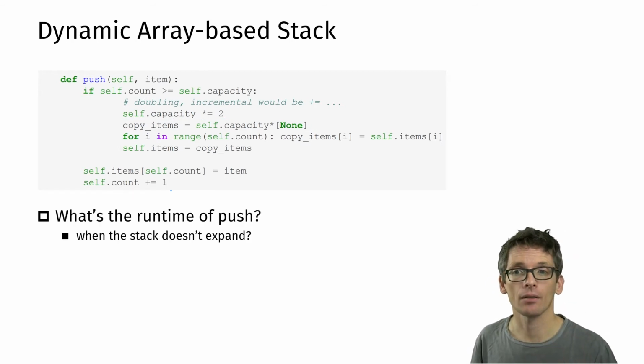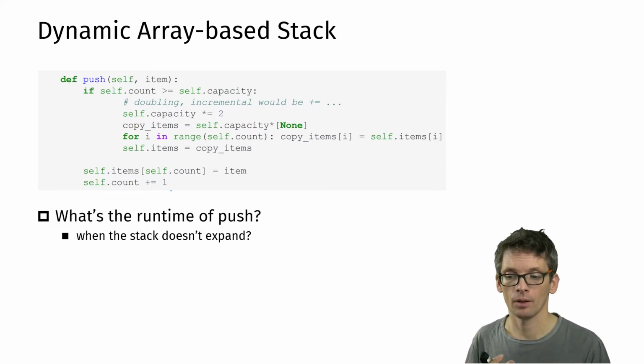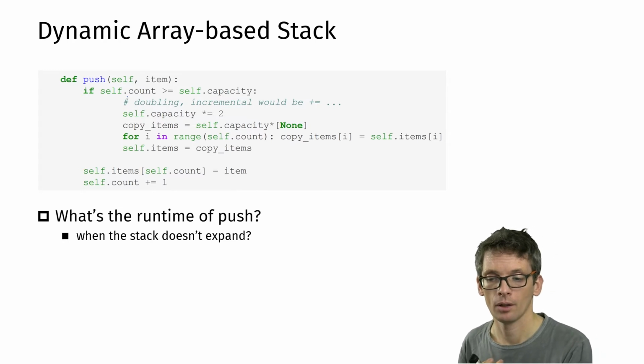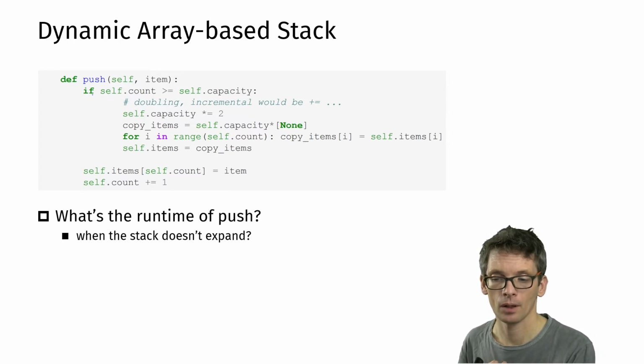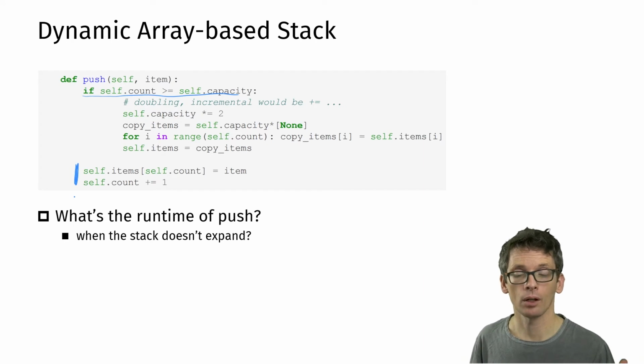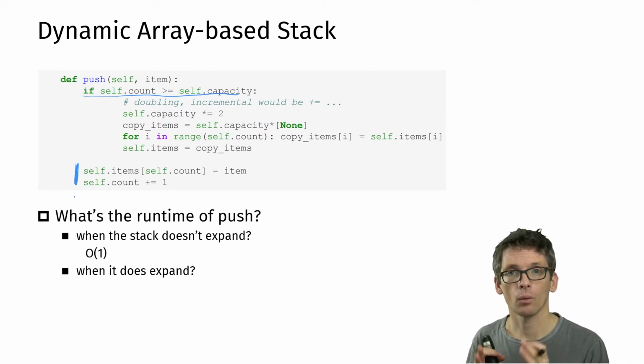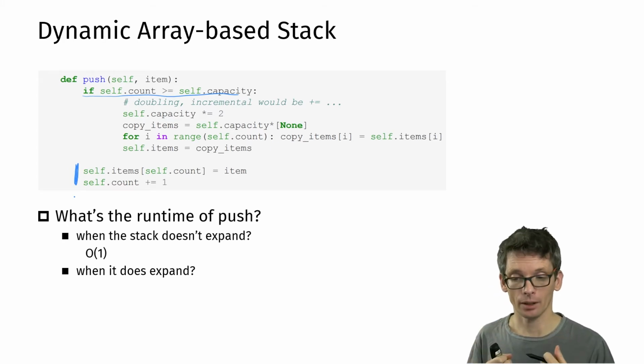What is the running time? Now, if I have enough space, so if this does not trigger, I simply do these operations. So in that case, it's simply as before, and everything takes constant time. Now, what happens if I need to expand?